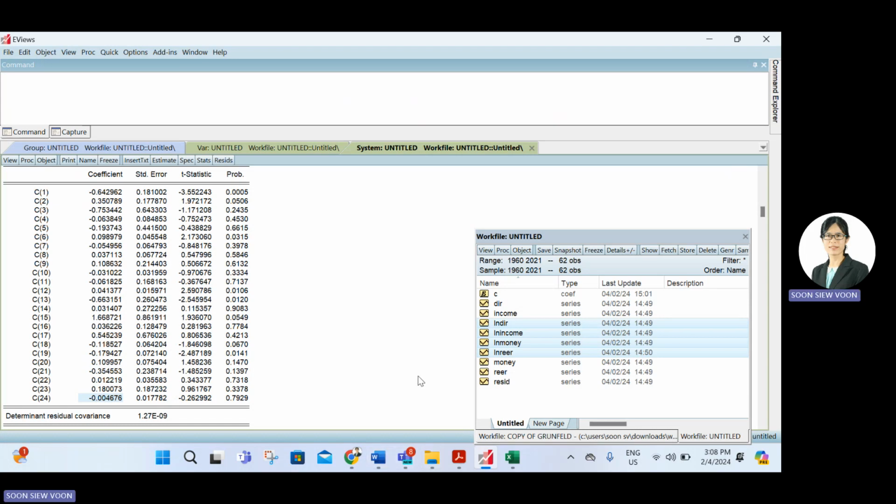Because of the unit root test, the debate on the unit root, one of the limitations in the Johansen test is that it is only applicable or robust if your variables are I(1). So if there is a mixture of I(1) and I(0), the Johansen and Juselius test is no longer accurate.